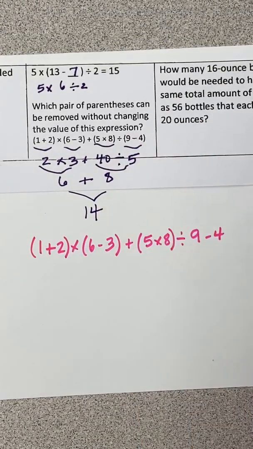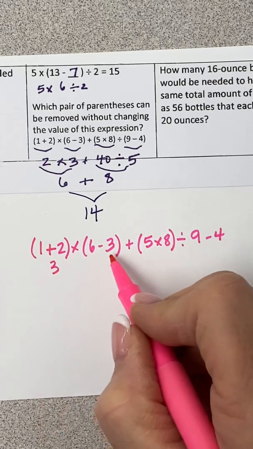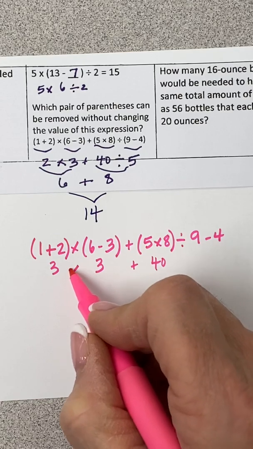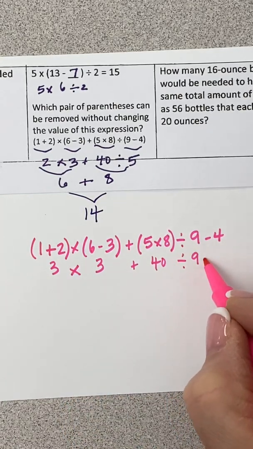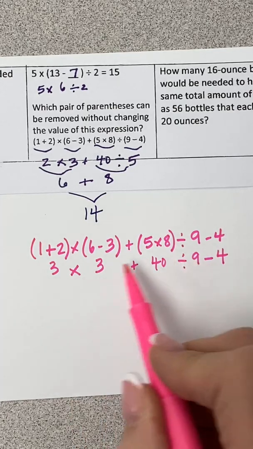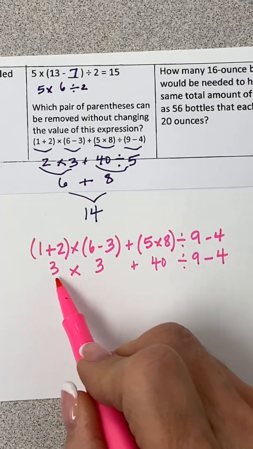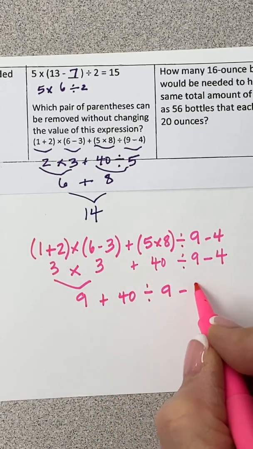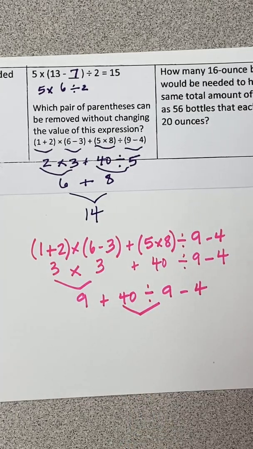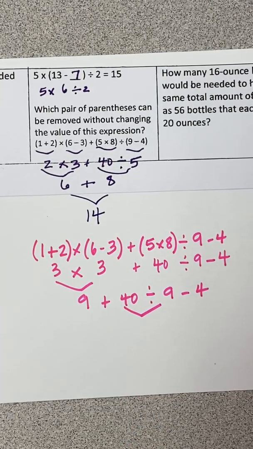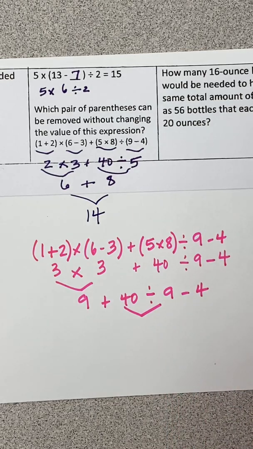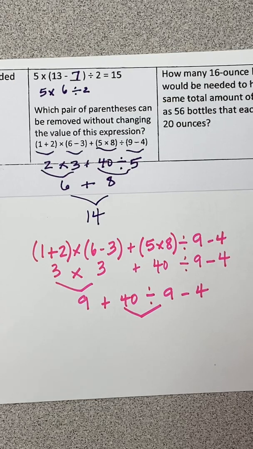We lifted off the back parentheses, so we can work 3 here, and we have a 40 here, and this would be divided by 9 minus 4. I see some division, but I see multiplying, and whatever happens left to right. So this equals 9. The only thing I can do is one thing at a time now without those parentheses. Now 40 divided by 9 is not even quite 5. You're trying to equal 14. That one doesn't even look like we're going to be able to get anything right on that one, does it?